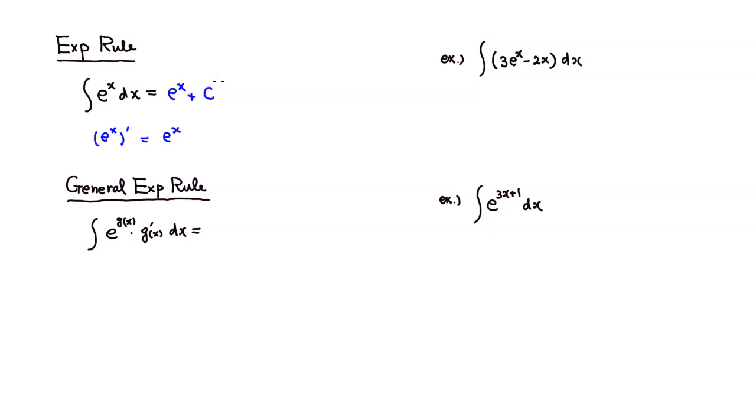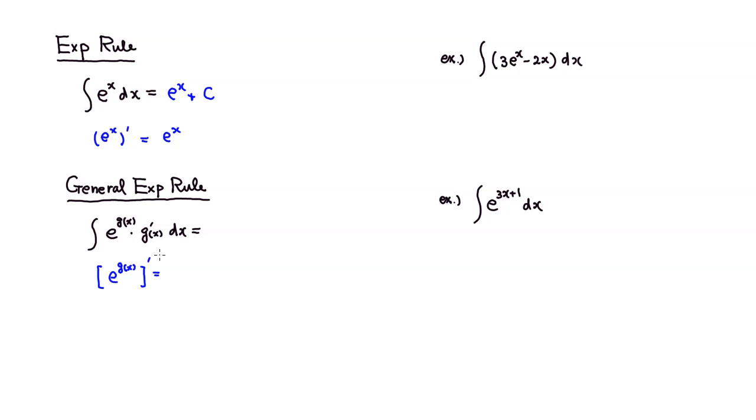Right? Alright, so we can combine this with the chain rule a little bit here. Remember that if you have e to the some function, say g of x, and we want to take the derivative of this, this is a composition of the exponential function and g of x.